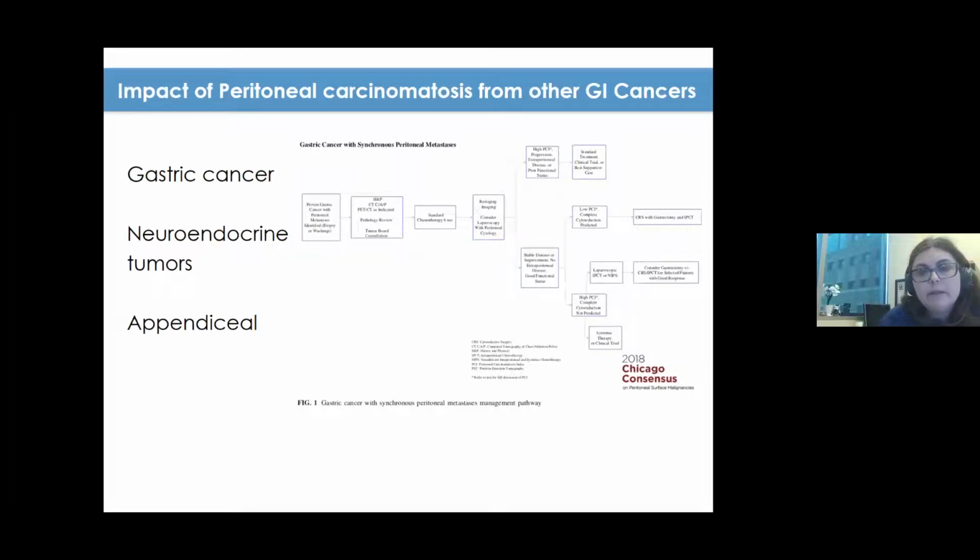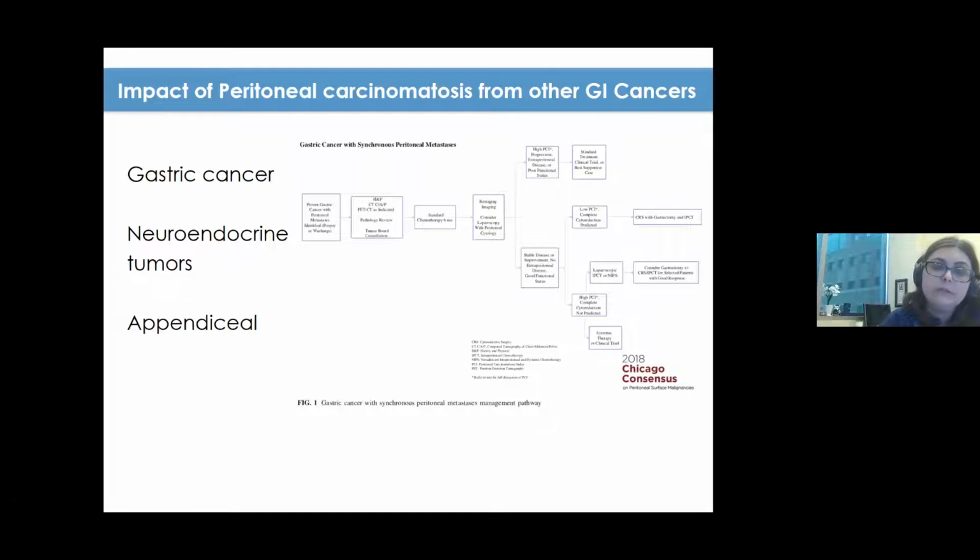Here I touch mainly on the impact of peritoneal carcinomatosis in colorectal, but there are so many other diseases where there might be a role. And I will encourage everybody to take a look at the 2018 Chicago Consensus of Peritoneal Surface Malignancies. They have published consensus of many of the GI malignancies that might be affected by peritoneal metastasis, including gastric cancer, neuroendocrine tumors, and appendiceal.